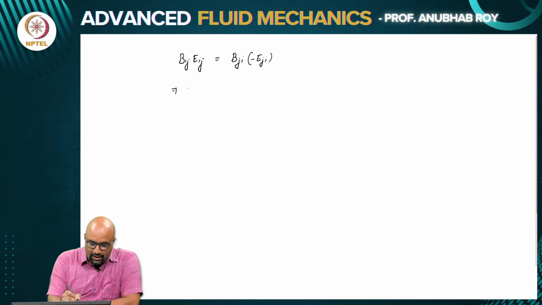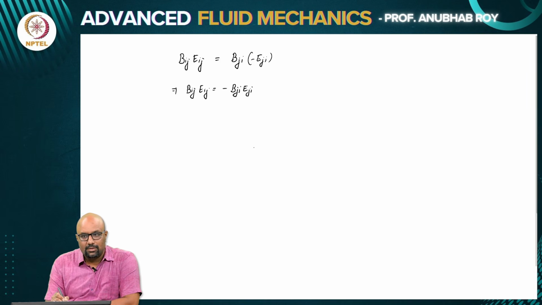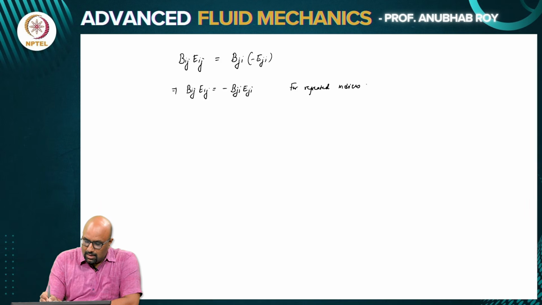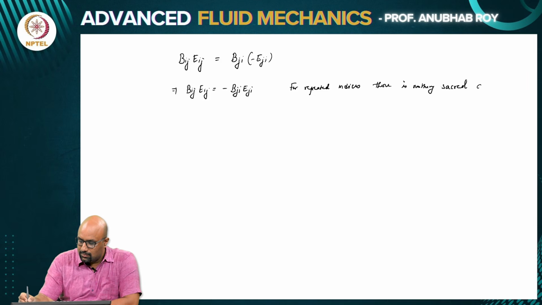So, what you have here on the LHS is Bij Eij, and on the RHS you have minus Bji Eji. Now, we go back to what we learnt about repeated indices. For repeated indices, there is nothing sacred about what you label that index.